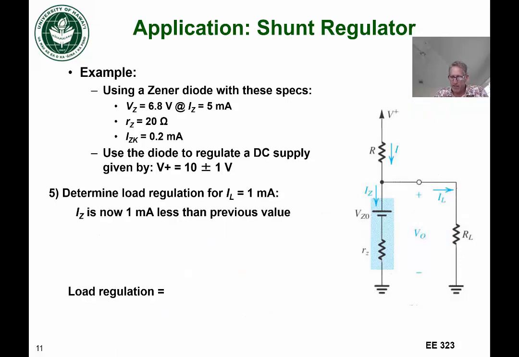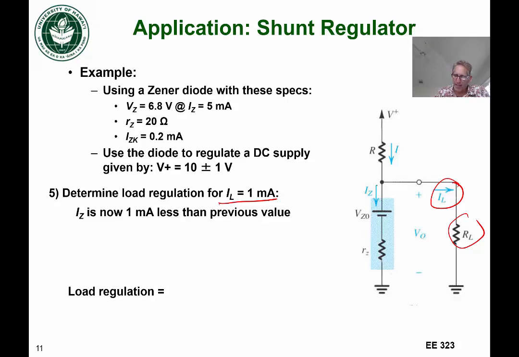That is, if IL is equal to 1 milliamp, right, how much does the voltage at the output change? So in other words, you have a load here, suppose it's a charger of some sort or a cell phone or something, and you have it off, it's consuming very little power, and then you turn it on, and now it's consuming a milliamp. How much does the voltage change?